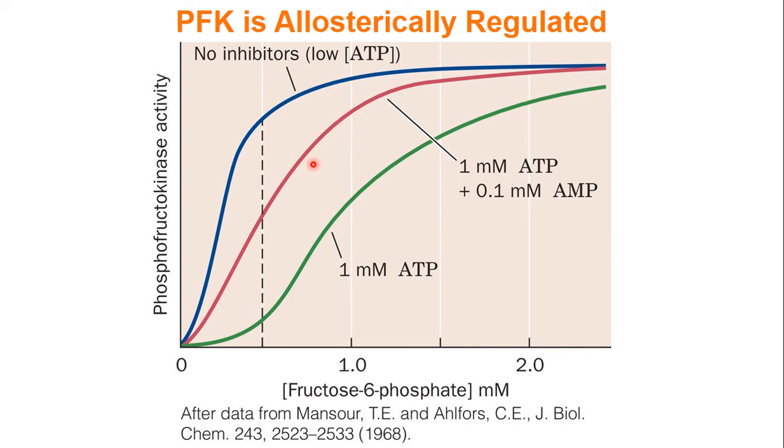However, if you compare the red and the green with and without AMP, with AMP it's still faster than without AMP. So what this is telling you is that high concentrations of ATP slow down your enzyme. However, AMP speeds it up, as I'm comparing the green and the red lines here. Without AMP, ATP is just completely slowing down this enzyme.